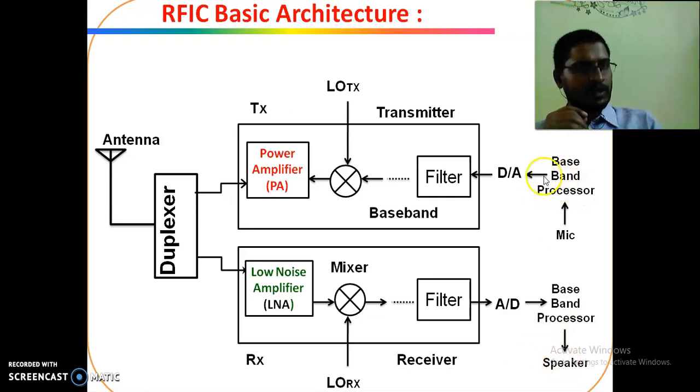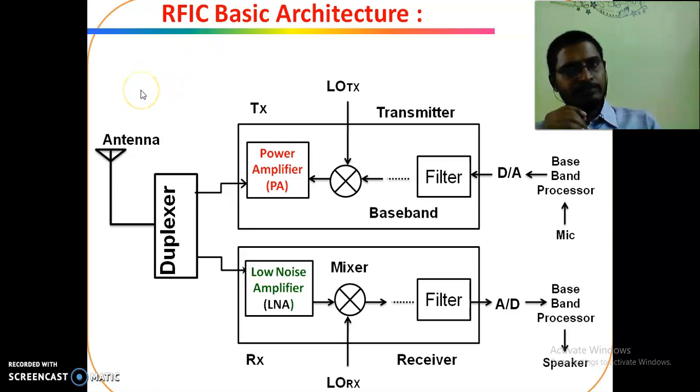Here the input for the transmitter is from the mic. The signal from the mic is given to the baseband processor, then analog to digital, and the digital signal is given to the filter, then to the mixer, power amplifier, and with the help of the duplexer, the signal is given to the antenna where it is radiated into free space.